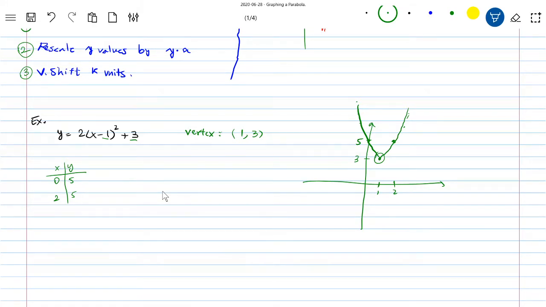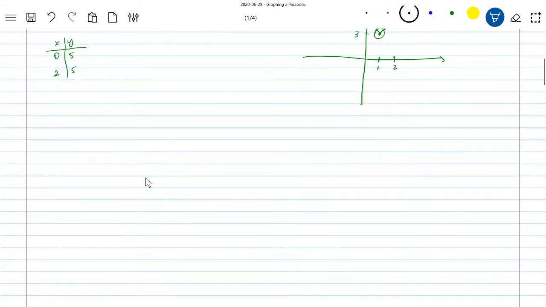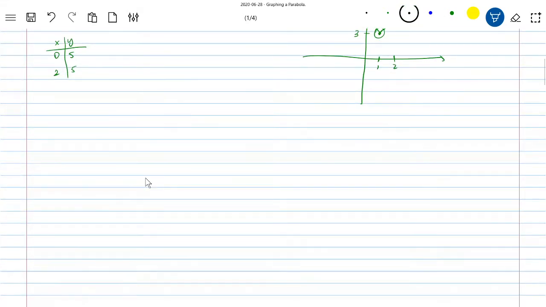Here, let's try one more example. And scroll down a bit. You can go through this process by the horizontal and vertical shift, but it's not necessary.